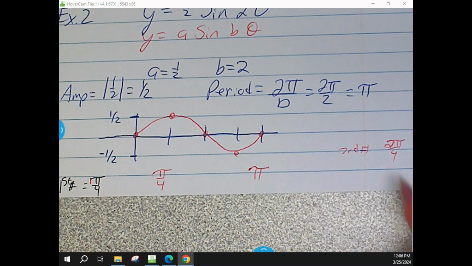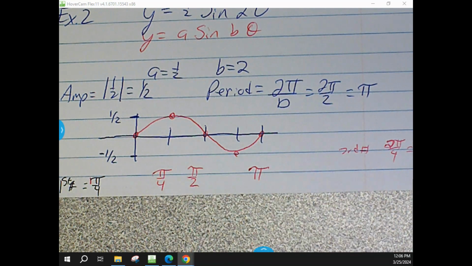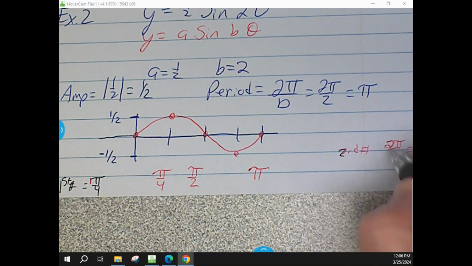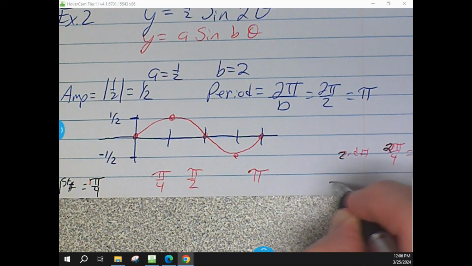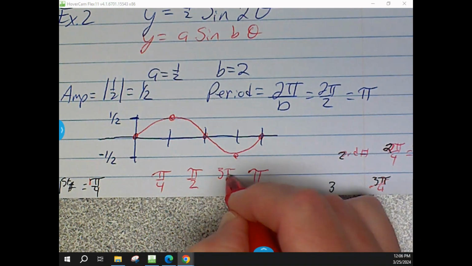But if you have 2 pi over 4, you can make that 1/2. So that's really going to be pi over 2. Third number is going to be 3 pi over 4. And if it's 3 pi over 4, that doesn't simplify, so it would just stay just like that.